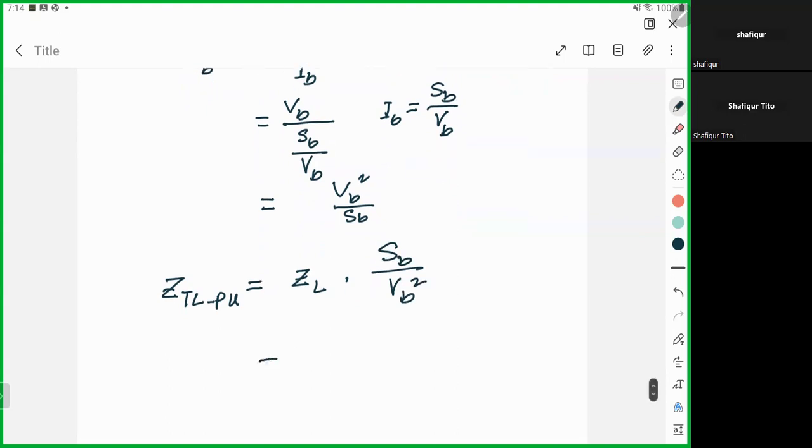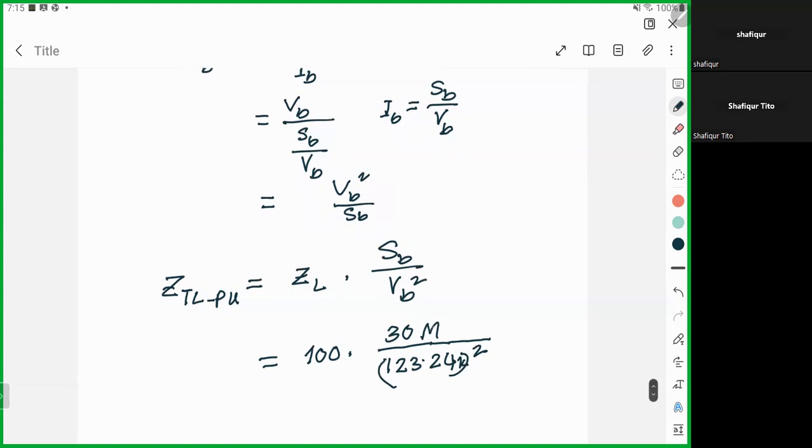So this one is given 100 ohm and SB is 30, and VB for this transmission line is 123.24 square. So this is kilo and this is mega. If you square the kilo, that will be mega, so that will cancel.